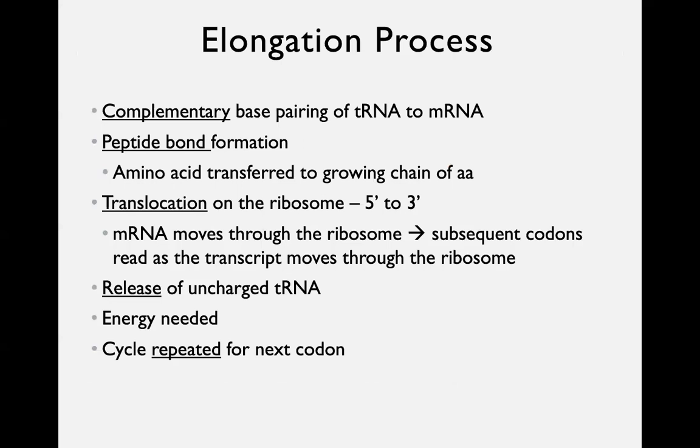Next, elongation. So you guys probably have a good idea of what's happening here. Now we just bring in tRNA after tRNA with the right amino acid, ideally, based on the codon on the mRNA. Peptide bond formation will occur as the amino acids get transferred into one long chain.